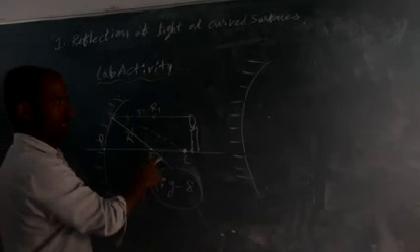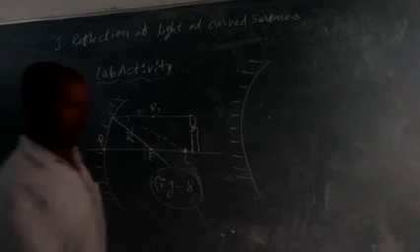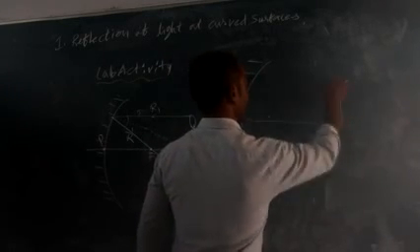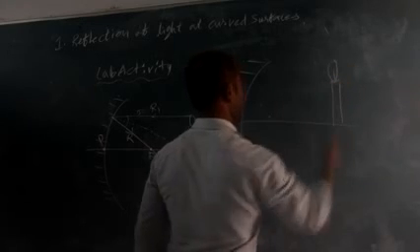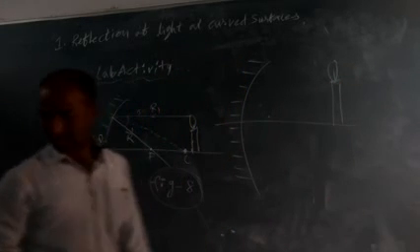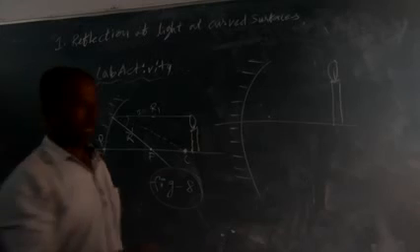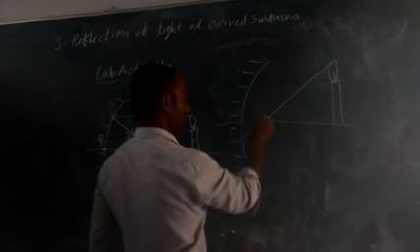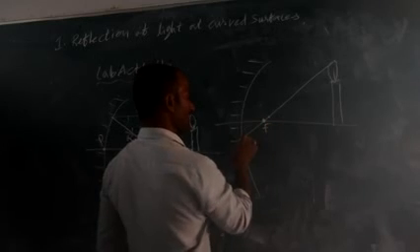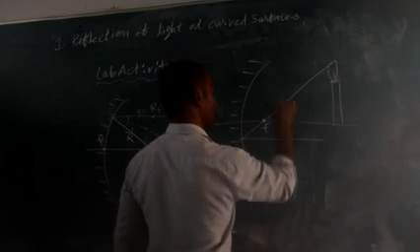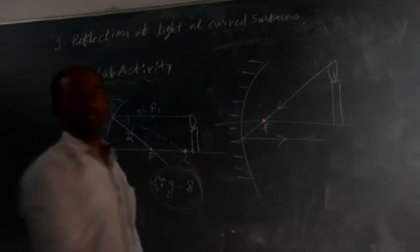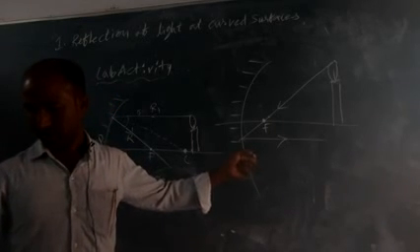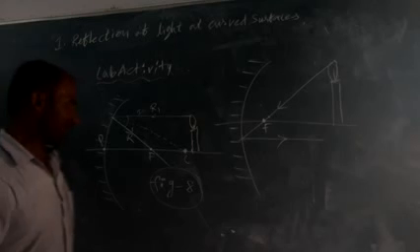If you take this object, the candle, and the candle flame ray passes through the focal point, then after reflection it will be parallel to the principal axis. This rule is also already said, and it is given here.